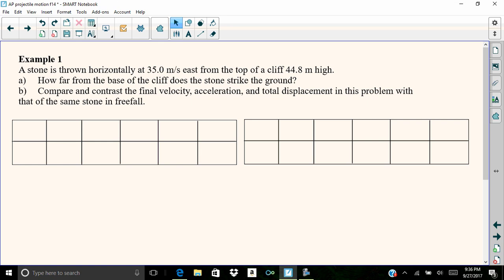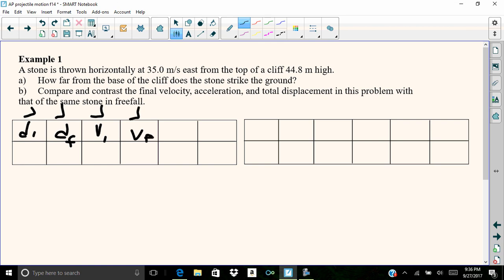Okay, so here you can see your boxes, and what I'm going to do is write in my information. I'm going to put my initial position, my final position, initial velocity, final velocity, my acceleration in the x direction, and time. This is all for x. If you want to put x initial and x final, you can do that.